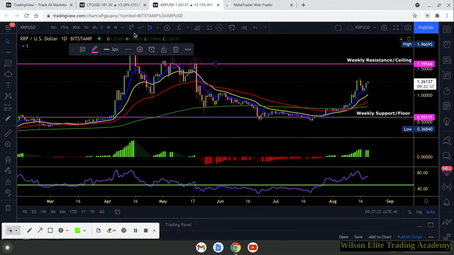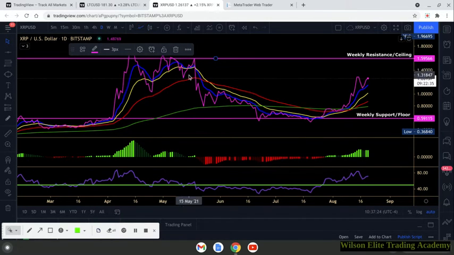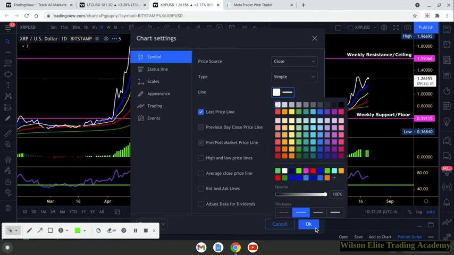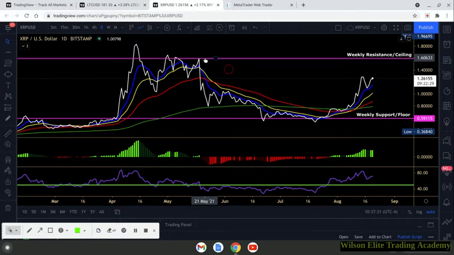Another trick you can do is use your line chart as well. Right here, I want as many touches as I can, so this will be a good area because you've got 1, 2, 3. I wouldn't put it all the way up here as of yet because price is not there. Price has been here before, but then closed back. You want to put it where the most relevant touches are.